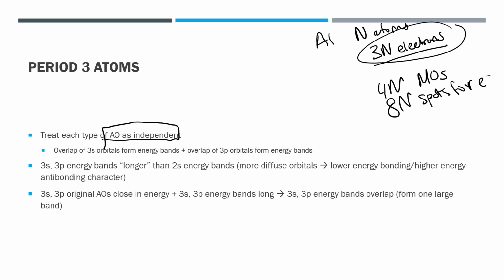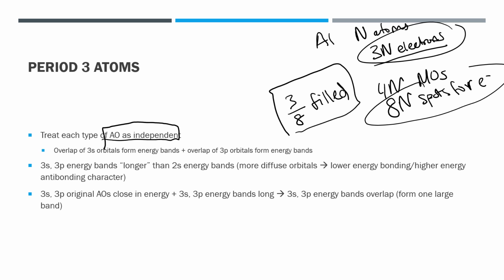So if we have 3n electrons and 8n spots, that means our conduction band is 3/8 filled. So this is just an example of how you would see that aluminum has only a partially filled band. That's going to mean it's conductive, because the electrons occupy a conduction band.